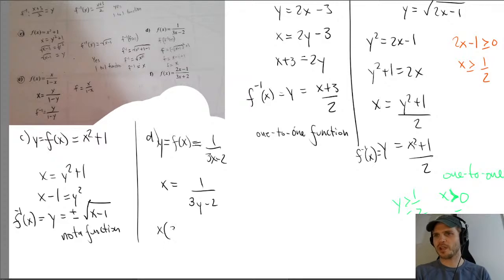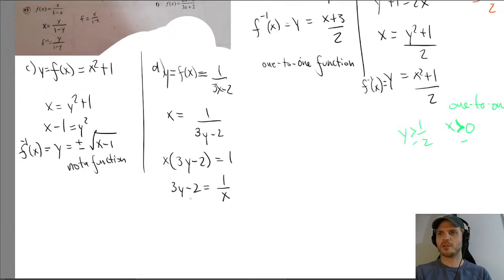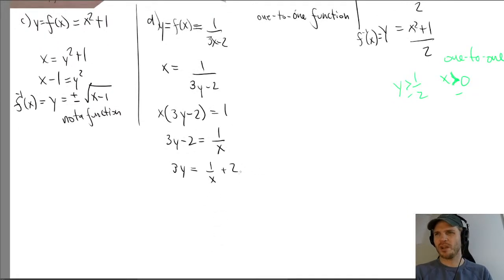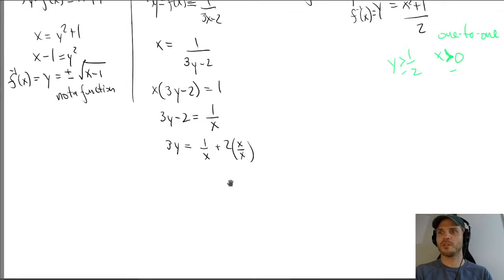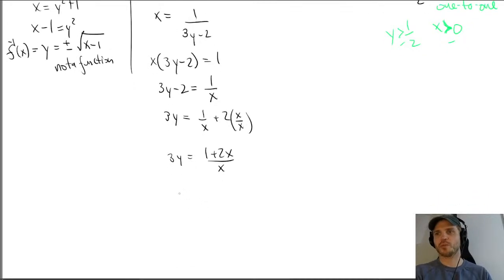So I'm multiplying both sides by the denominator, dividing by x now. And then we'll add 2 to both sides. And I'm going to go ahead and just get a common denominator there by multiplying by 1. That's 1. And so then I can divide both sides by 3 easily.